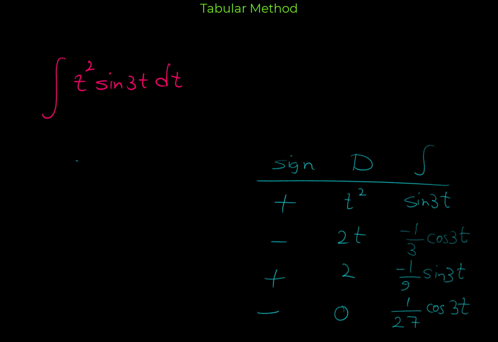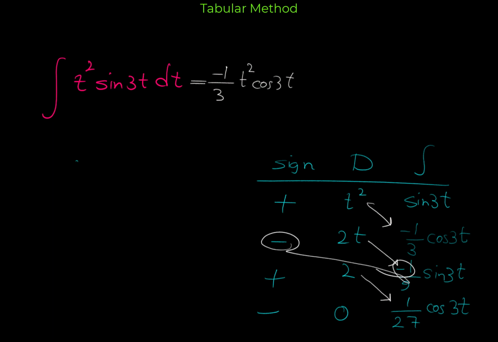So finally, what is the answer of this integral? Multiply the first in the second, in the third, the fourth, and don't forget the plus minus plus. It equals negative 1/3 t² cosine 3t.